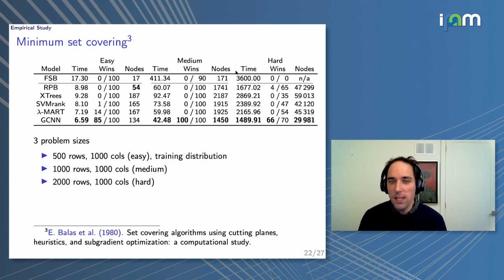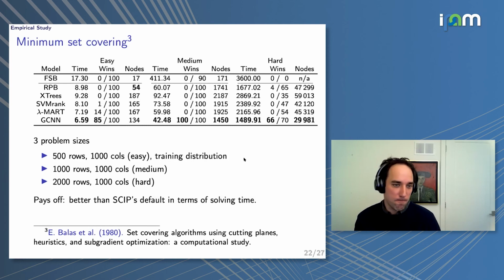What's also interesting here is that, although we only train with easy instances, the GCNNs allow us to generalize to much bigger instances. And in these bigger instances, again, we're doing fairly well. So it's paying off in the sense that we're doing better than SCIP's default, which is the RPB, the reliability pseudo-cost, in terms of solving time, and we can also generalize to harder problems.